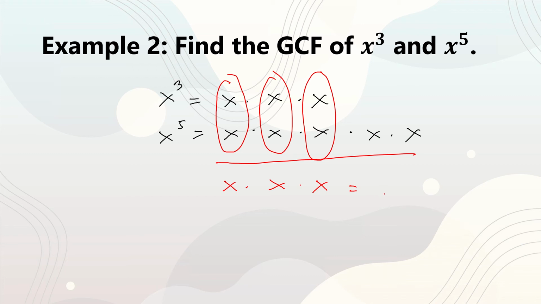You will usually say this is 3x. So take note, the answer is not 3x, because in the first place, you're not adding. You're multiplying, that means that's x cubed. Meaning x is multiplied by itself 3 times. So the GCF here is x cubed.